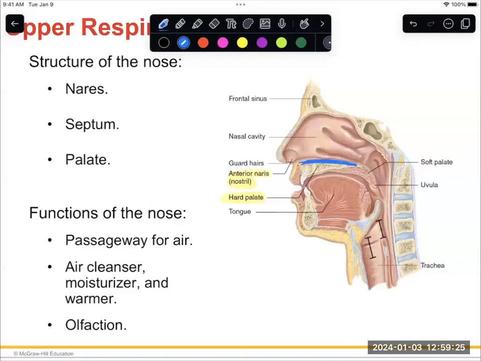If you notice in the middle of winter, if you breathe in through your mouth, that air is not warmed, so you can feel that cold traveling down. But when you breathe through your nose, it does not. And then that olfaction, or that sense of smell.